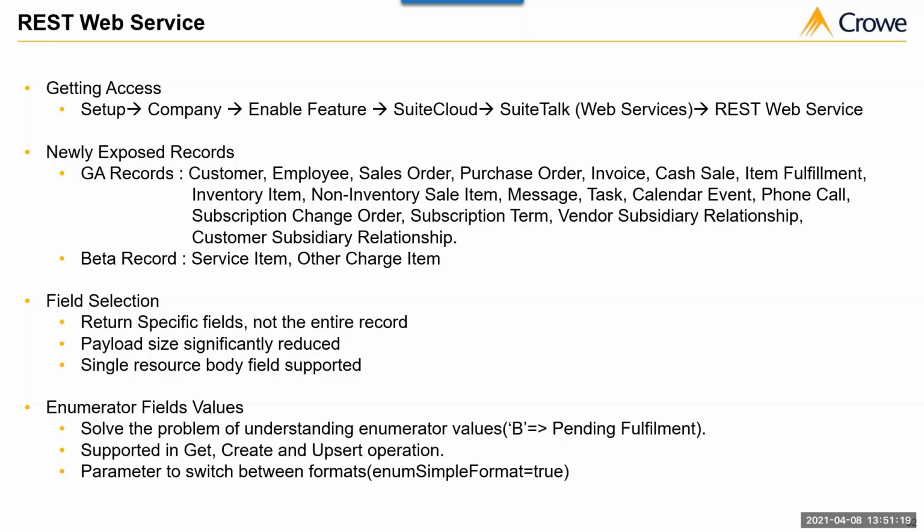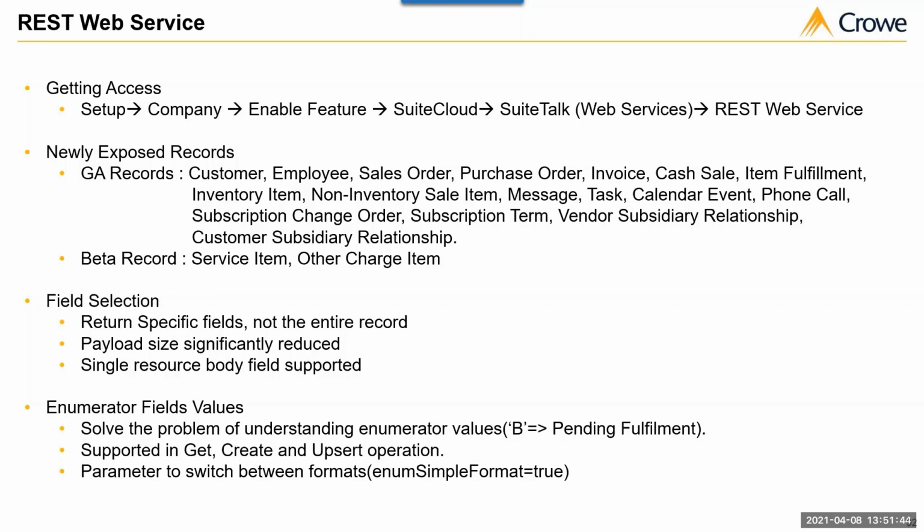If in your integration you want to check what is the current status of your sales order, in SOAP based service, it is going to give you a value B. But now in REST service, you can see which actual status that B belongs to, whether it is pending fulfillment, partially fulfilled, cancelled, or approved.